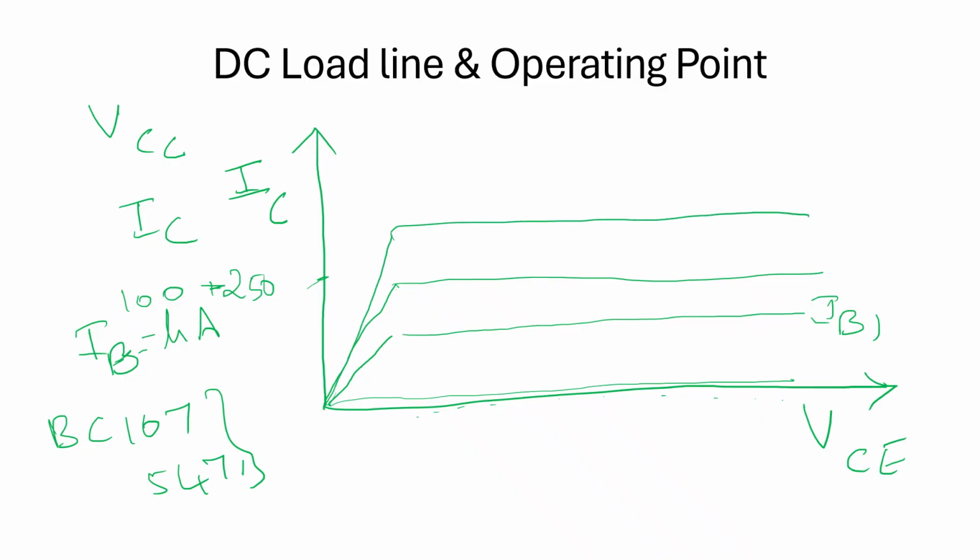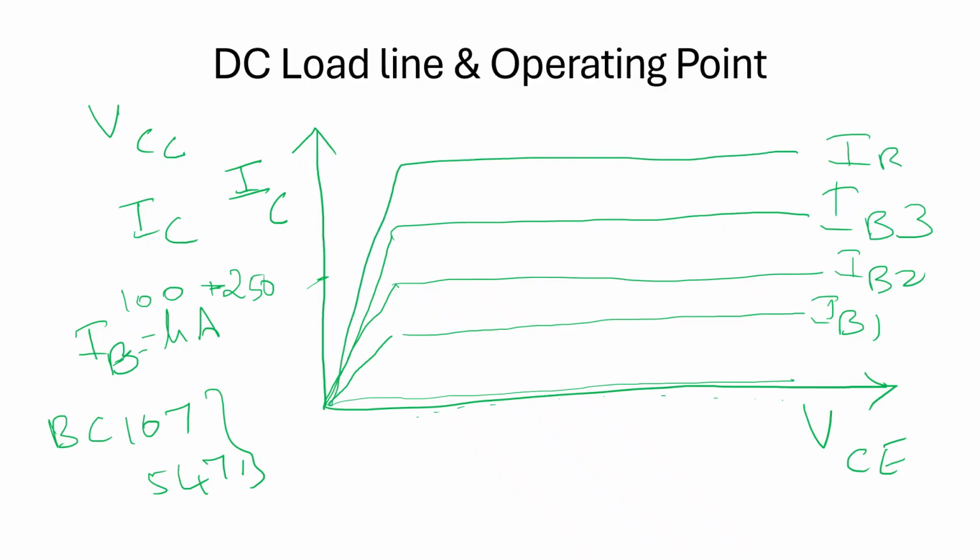And for another different value of IB3, we will get this kind of curve. For another value of base current, we will get this curve. And locate a maximum, a saturated point at IC and a saturated point at VCE. Try to draw a line connecting the maximum points of IC and VCE.